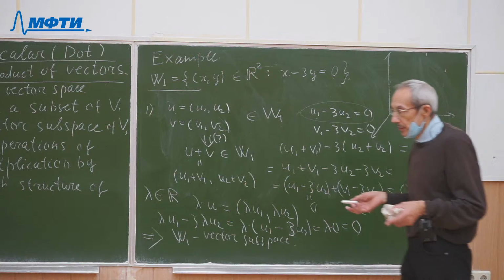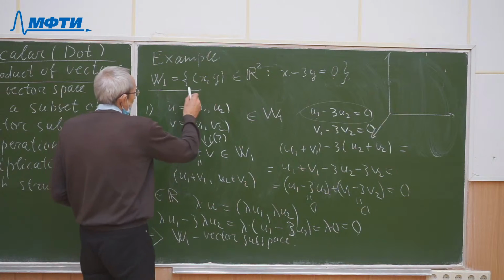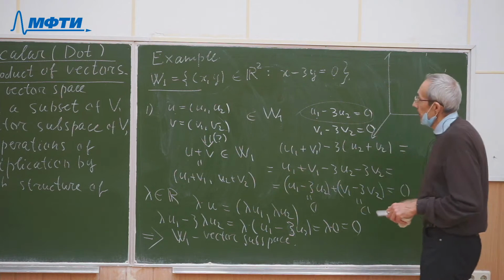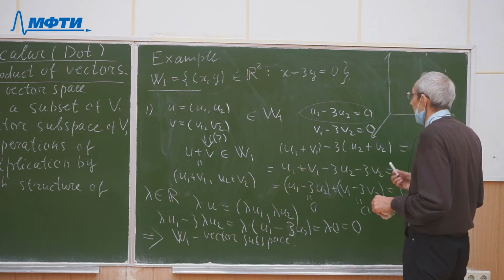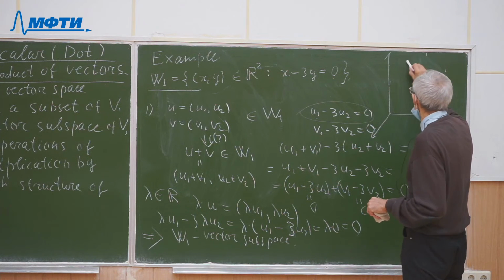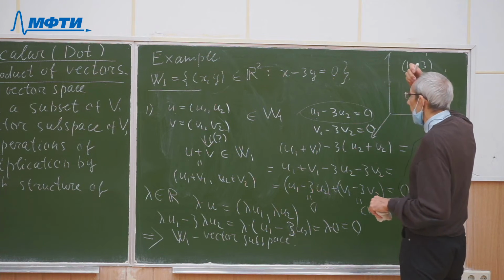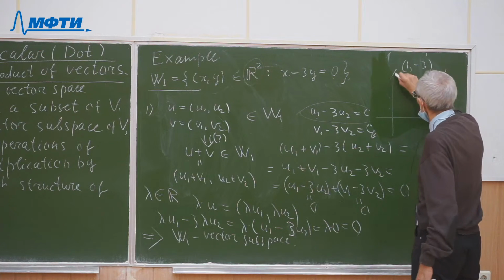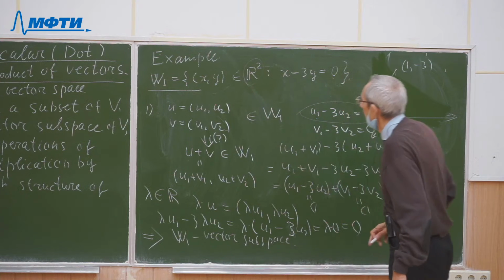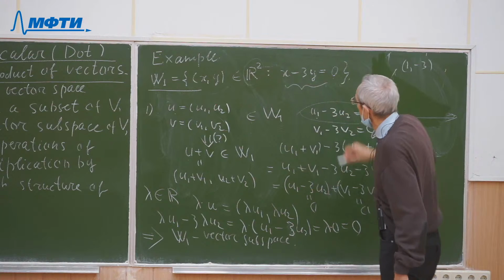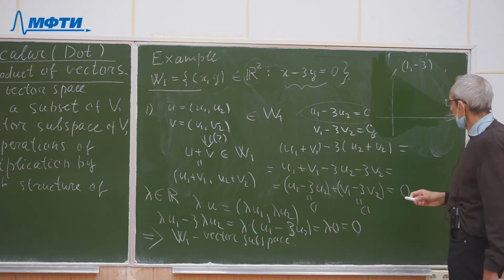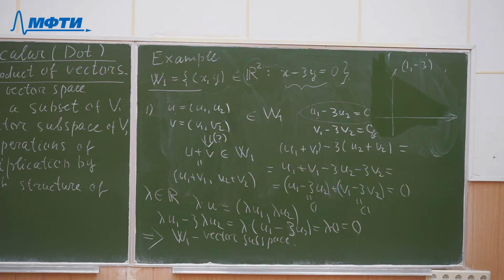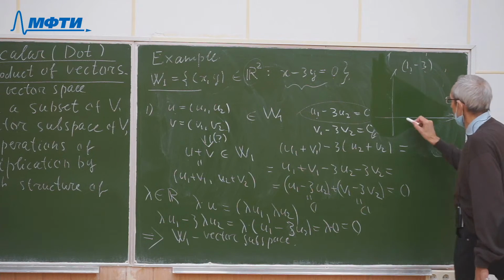We can identify it with the physical three-dimensional vector space, and this subspace is some plane in this vector space, and this plane is orthogonal to the vector with coordinates 1, minus 3. In the two-dimensional vector space R2, this subspace is a straight line which passes through 0, and this straight line is orthogonal to the vector with coordinates 1, minus 3.